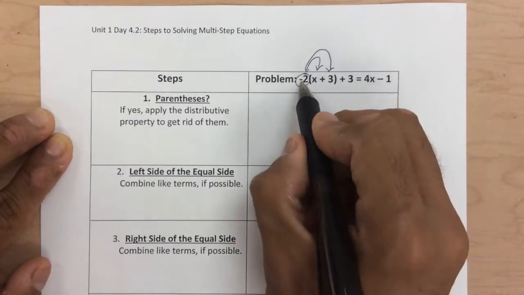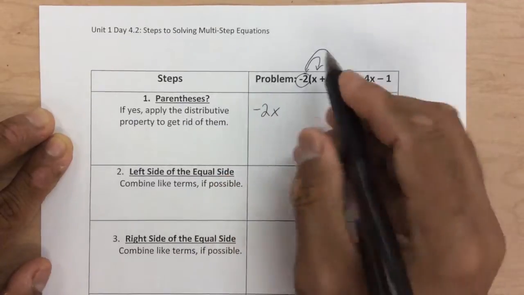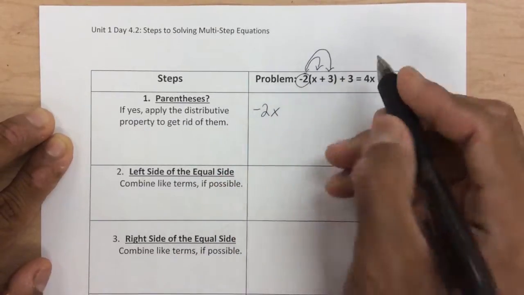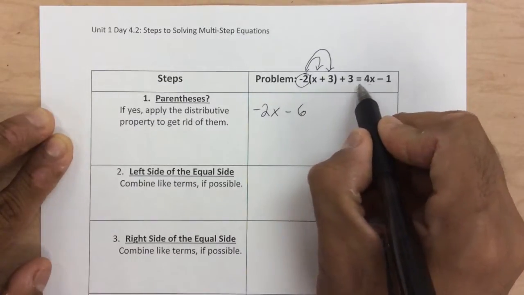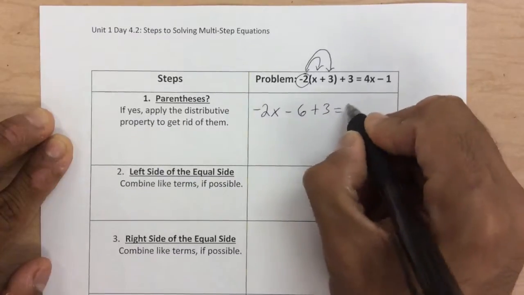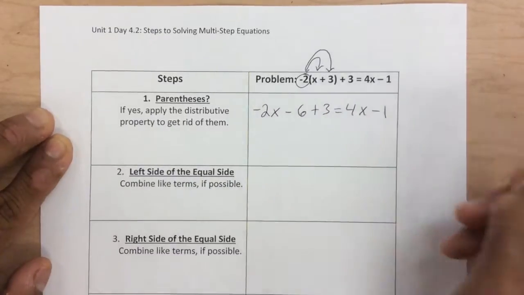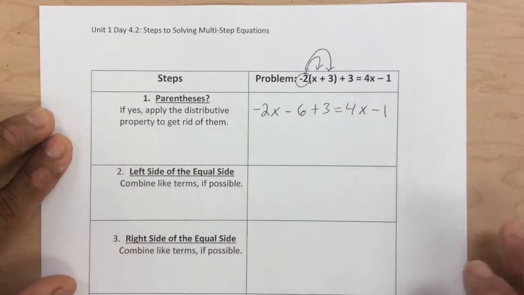So negative 2 times x is negative 2x. Negative 2 times 3 is negative 6. Now everything else that I didn't touch, I'm going to just bring down and copy exactly like it is. So now I did step 1.